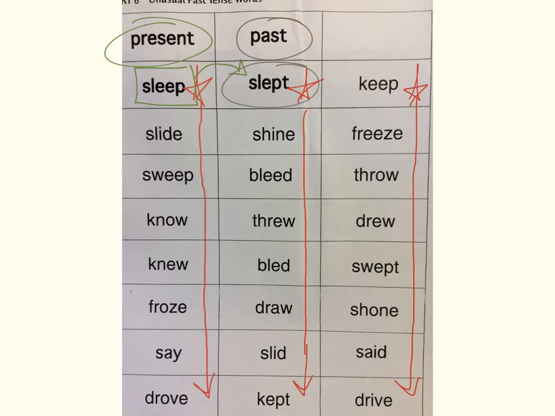Now, not a lot stays the same about this word. You have your SLE, but you're dropping an E and adding PT. There are some other words here that you do the same ending, the PT ending, to as well, with that double E. Like the present tense word of sweep, all the way to the past tense verb of swept.